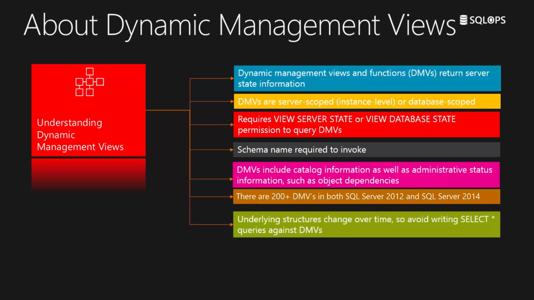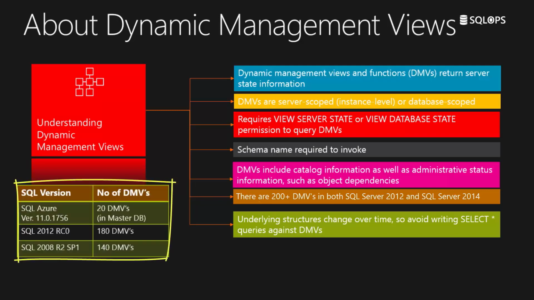Microsoft has adapted DMVs to address the changing functionality with each new version of SQL Server. Columns are added or dropped to reflect this. Their schemas and the data they return may change in future releases of SQL Server. So it is advised to avoid writing select star queries against DMVs to avoid maintenance problems with the code in production. And this table here shows the number of DMVs in the various versions of SQL Server.